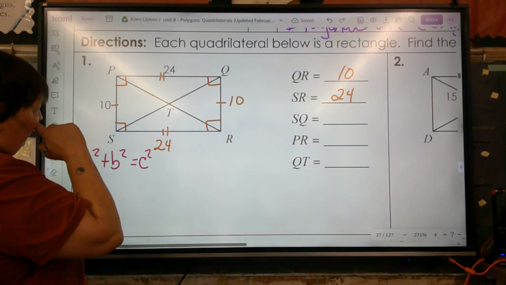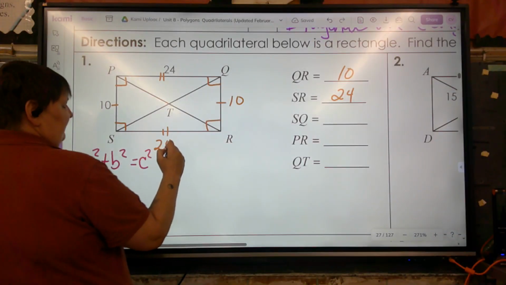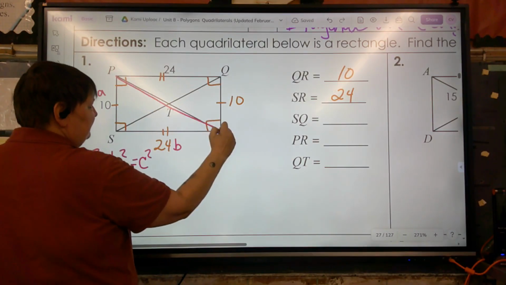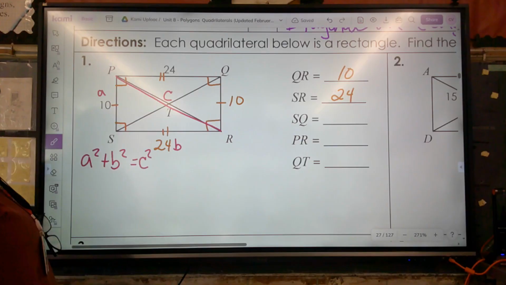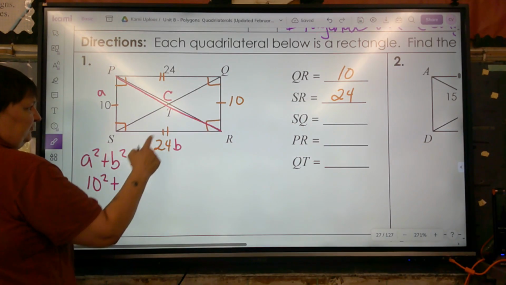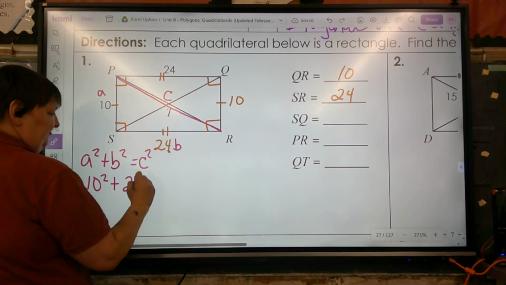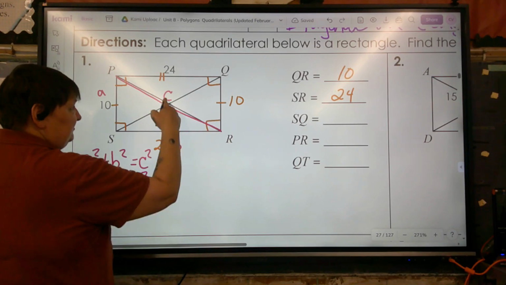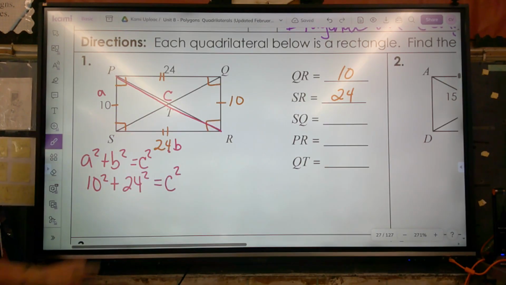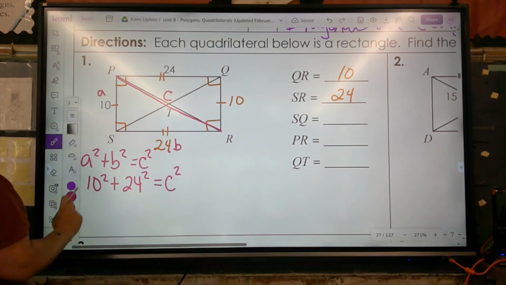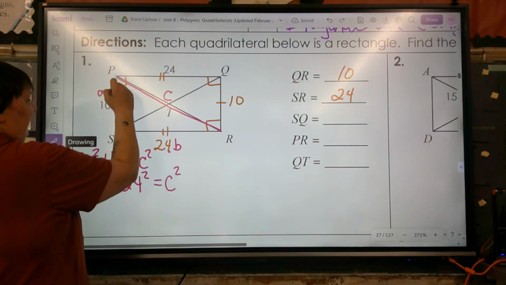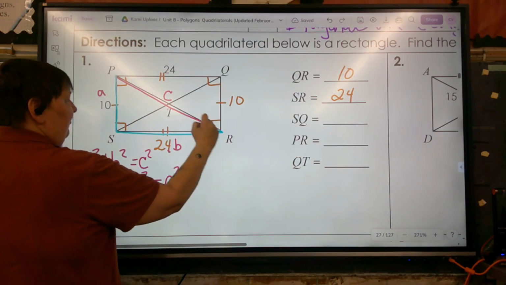Let's call this A and B, and let's call this C. So A squared, 10 squared, plus B squared, 24 squared, equals C squared, because we have one side of the triangle. We have A, B, and we're looking for C.